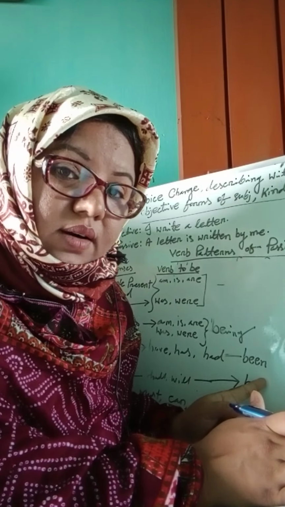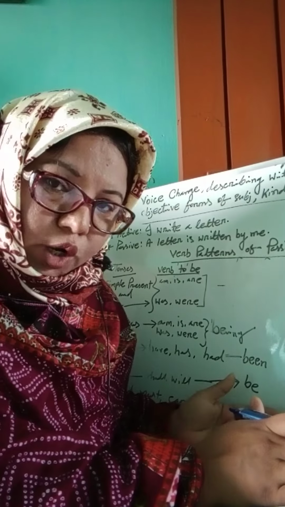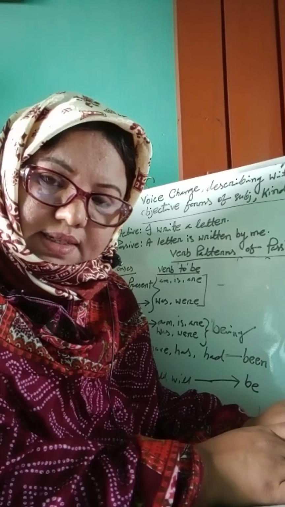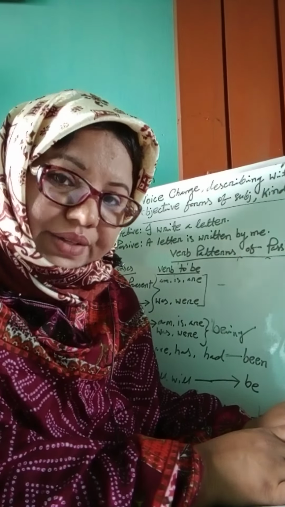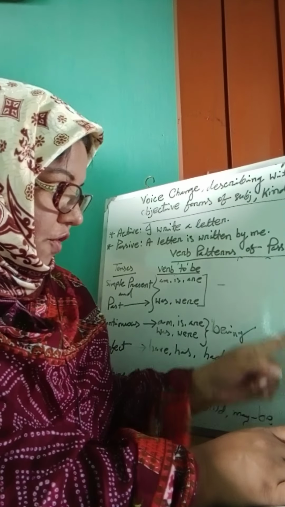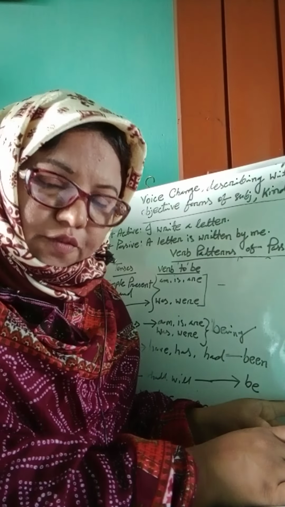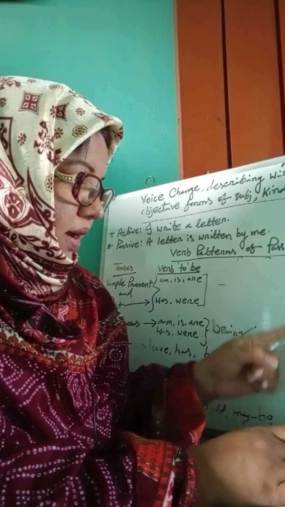The work has been done by me. She has done the work. The work has been done by her. And the same will be in past tense in case of had.